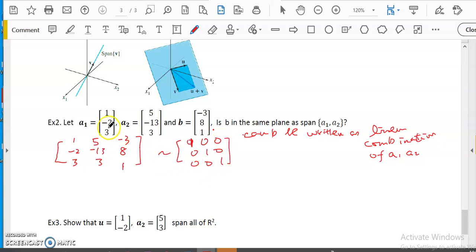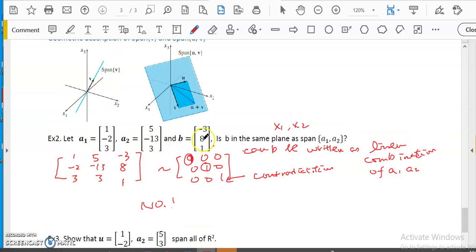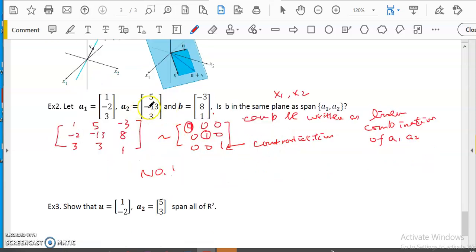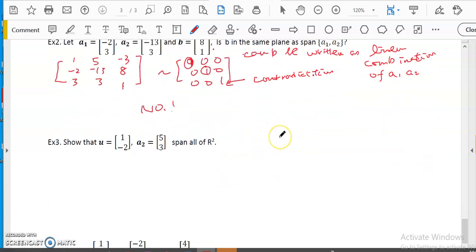I need to solve x1, x2, but I have two pivot positions, and this one is a contradiction. So there is no solution. So B cannot be. So no. Okay, because it's a contradiction. The system has no solution. That means I cannot find x1 and x2 that can combine to form B.